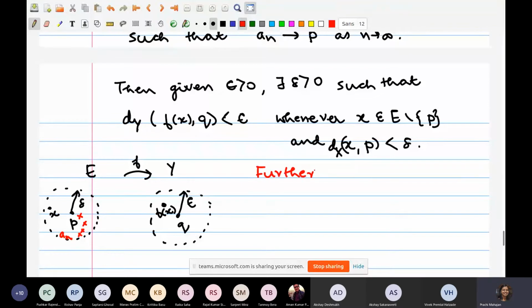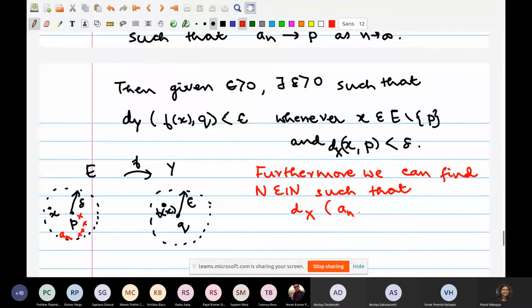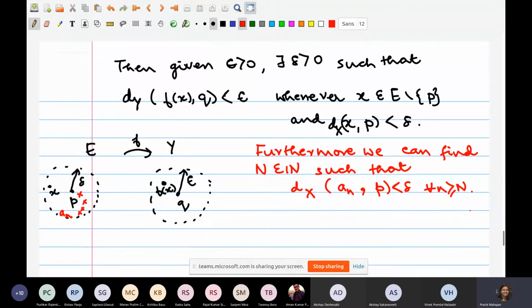Furthermore, we can find a positive integer N such that all these ANs lie in this delta neighborhood of the point P, which means that this holds from some stage onwards, and that stage is determined by the index capital N. Is that okay?